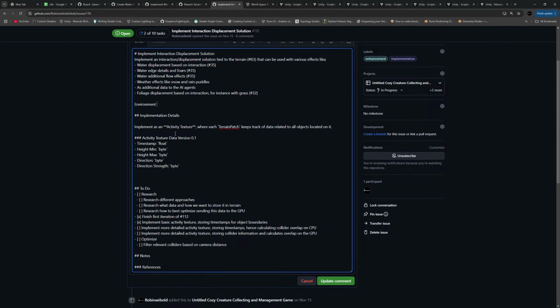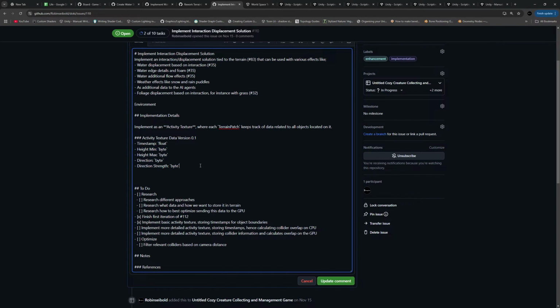Maybe. Let's see here. I mean, it would be very easy if we keep this data. We remove this one, so we keep this data, and this is all the data we want for the dynamic activity, if that makes sense.